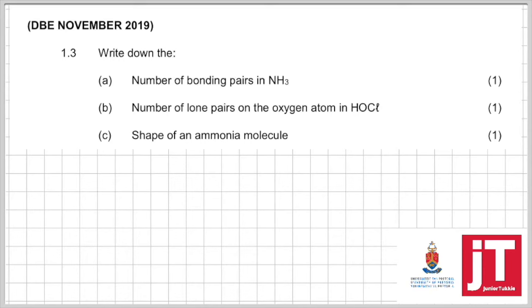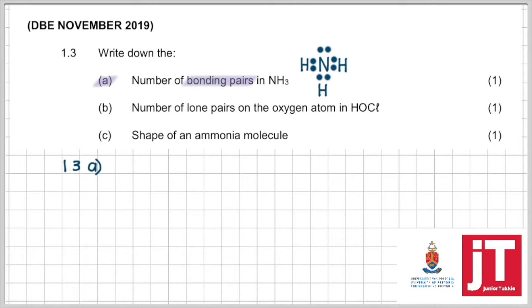Question 1.3a says, write down the number of bonding pairs in ammonia. So in order to do this successfully, we need the Lewis diagram that we drew in question 1.2. Using this, we can count the number of bonding pairs. Remember, bonding pairs lie between atoms and they are responsible for the bond that forms between these 2 atoms.